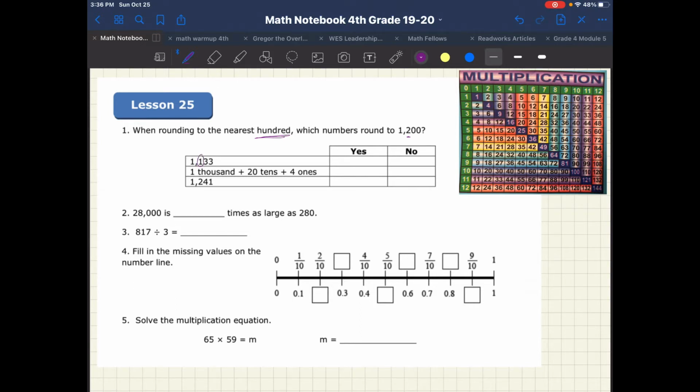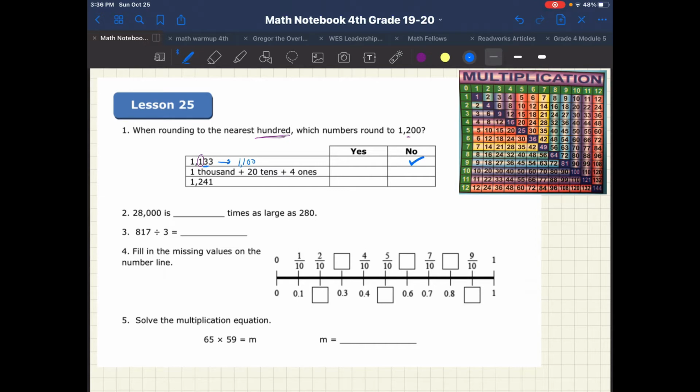I've got a 1, and I look next door at the 3. Does 3 round up? No, it's got to be 5 or more to round up. So the 3 would round down. So this would round to 1100. So that is a no. It does not round to 1200.